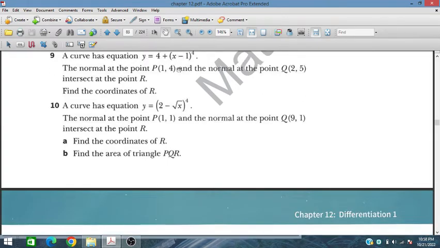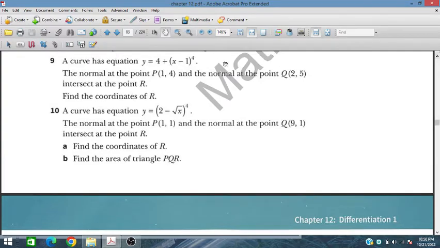Now let's move to problem number 9. A curve has the equation y is equal to 4 plus (x minus 1)^4.